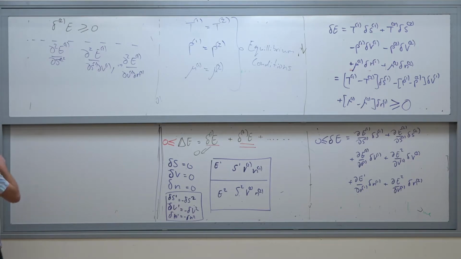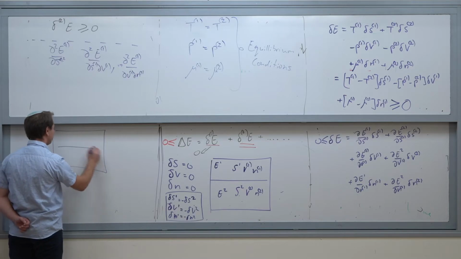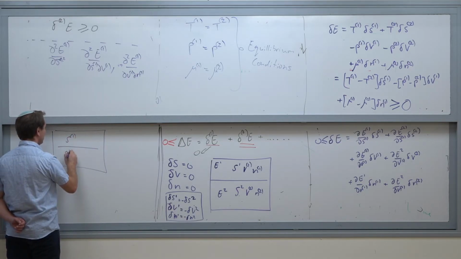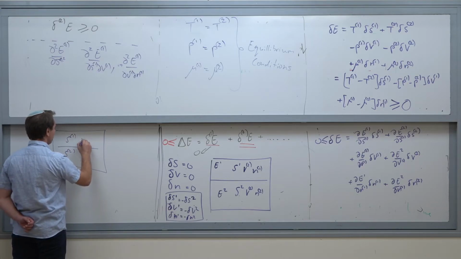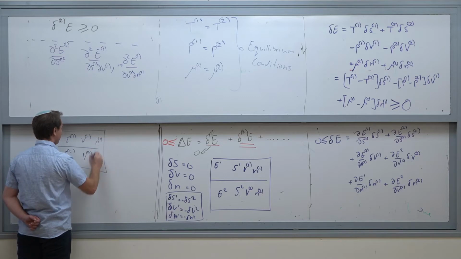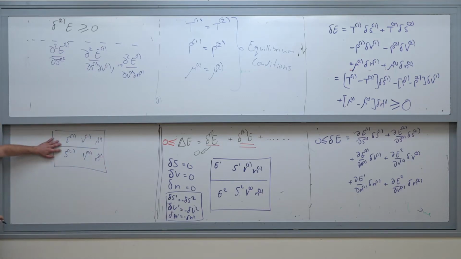Okay. So we have two systems, and we are looking at S1, S2, V1, V2, N1, N2. Now we keep everything constant and allow only the change of the entropies.